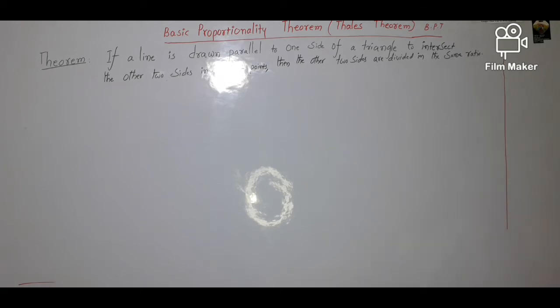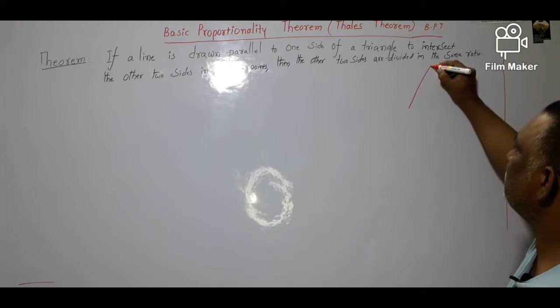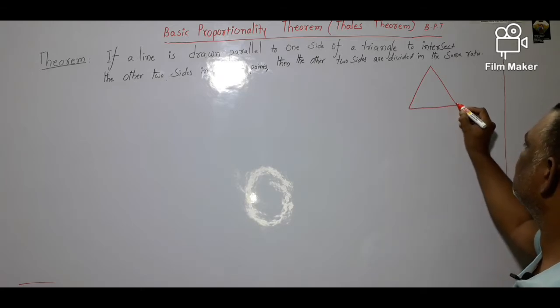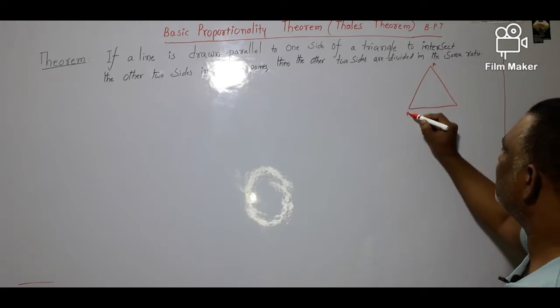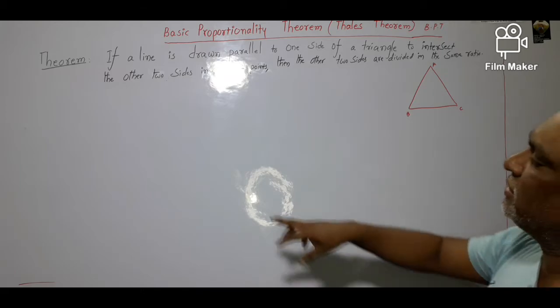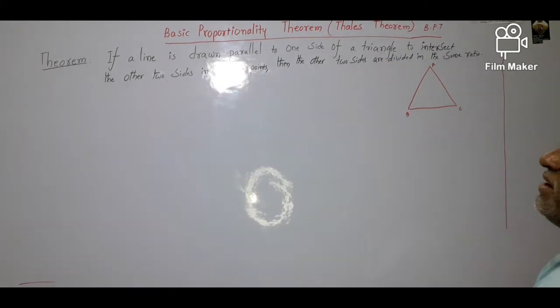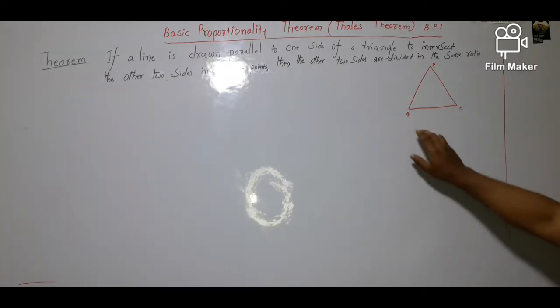First, we draw a triangle. Suppose this is triangle ABC. If a line is drawn parallel to one side of a triangle, suppose BC is one side of the triangle.